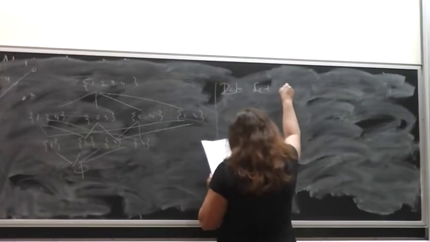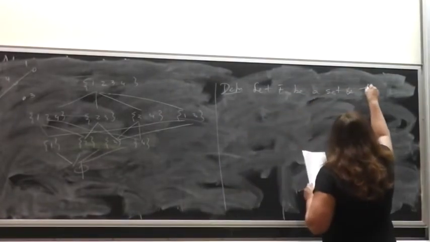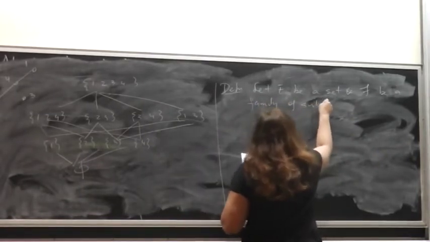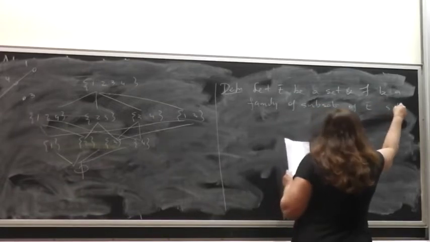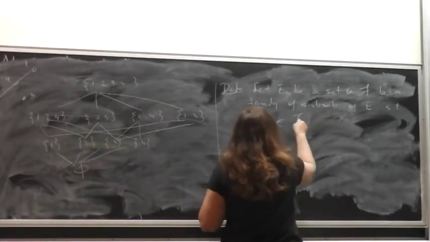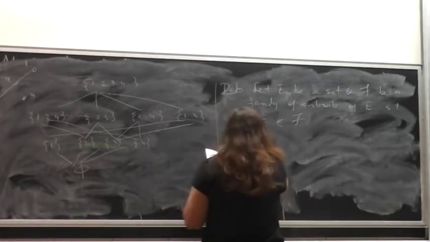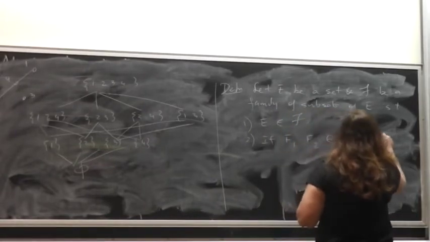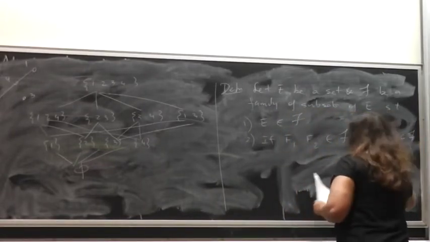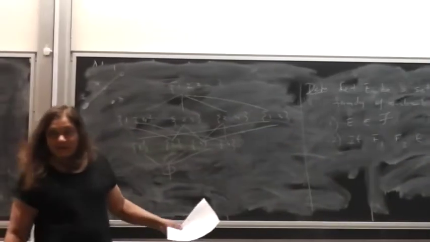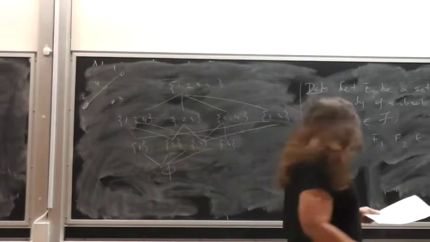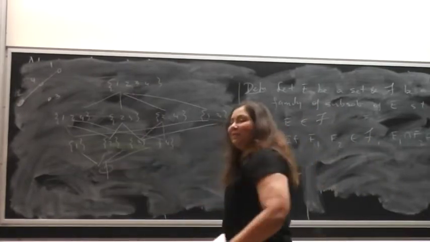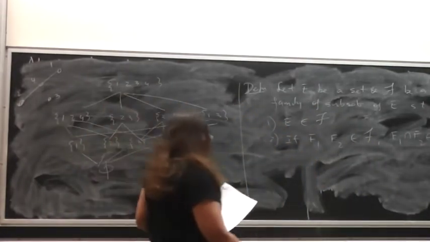Let E be a set and F be a family of subsets of E such that 1, E is in this family, the whole set. 2, if F1, F2 are in the family, F1 intersection F2 is in F. And you can sort of see how points and lines would satisfy those two axioms.